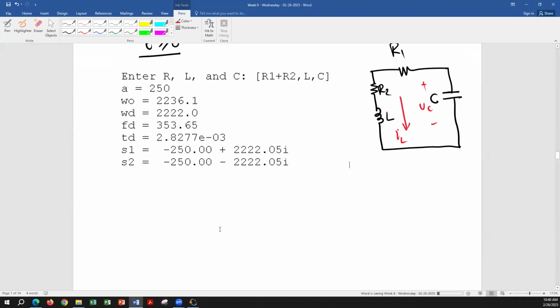So we're going to write down the generic expression for underdamped circuits.